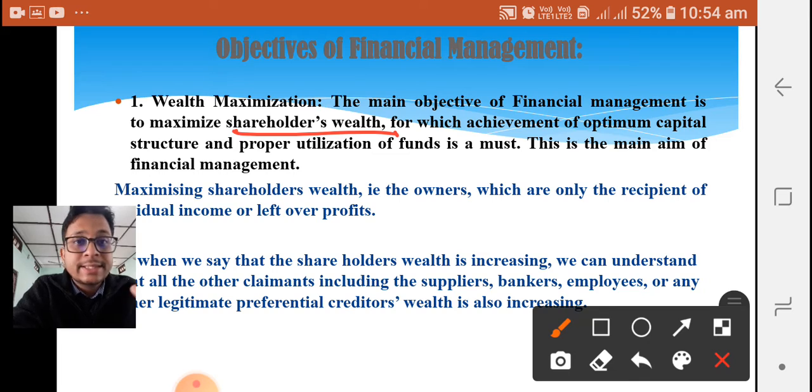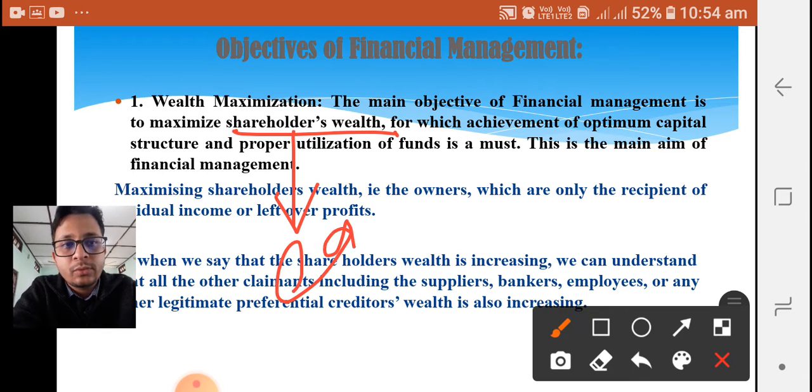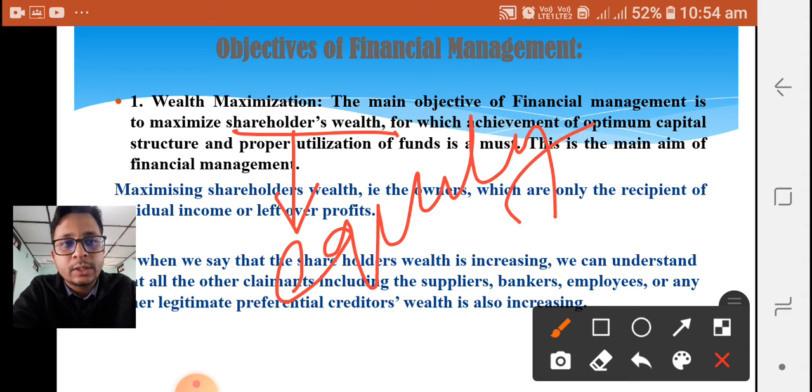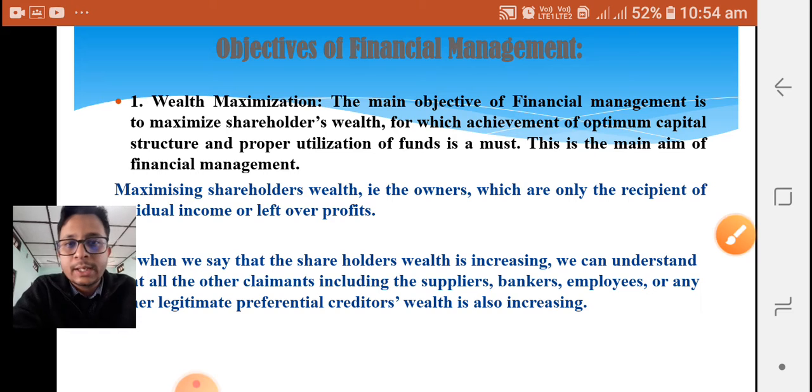It is the shareholders' wealth. Whenever we say shareholders' wealth, we always refer to equity shareholders. In short we call it shareholders' wealth, because the equity shareholders are those persons who are entitled to the residual amount of profits of a particular company. I hope this is clear to you.